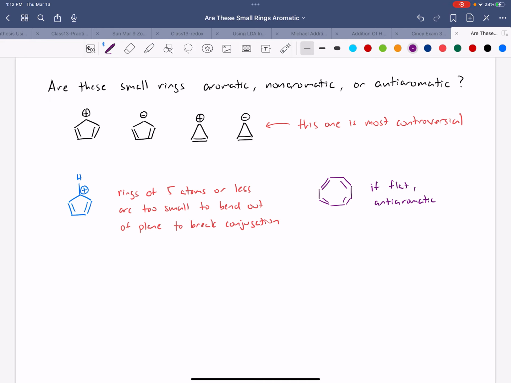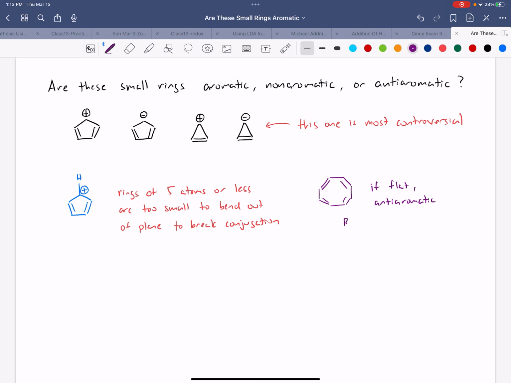But in class, we saw that just like a molecule can conform to a more stable staggered conformation than eclipsed, well, this ring could also conform to a bent conformation rather than a flat one to avoid being antiaromatic.